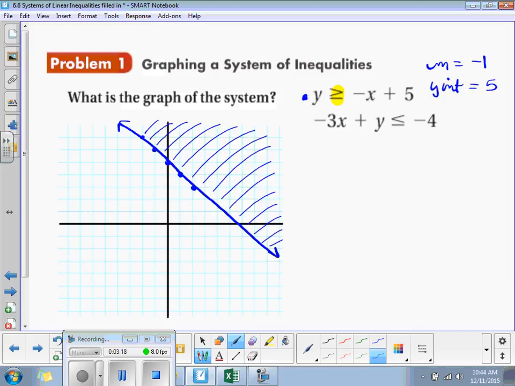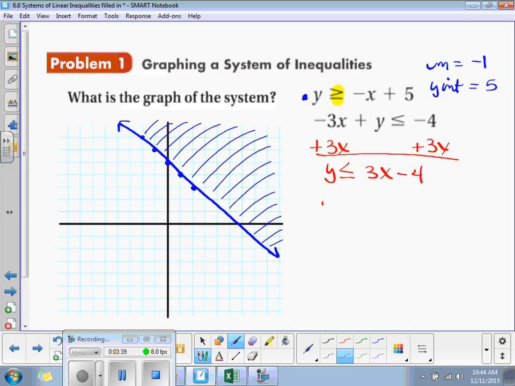Then for the second graph, we need to put it in slope-intercept form first, right? So we're going to add 3x on both sides. We end up with y is less than or equal to 3x minus 4.